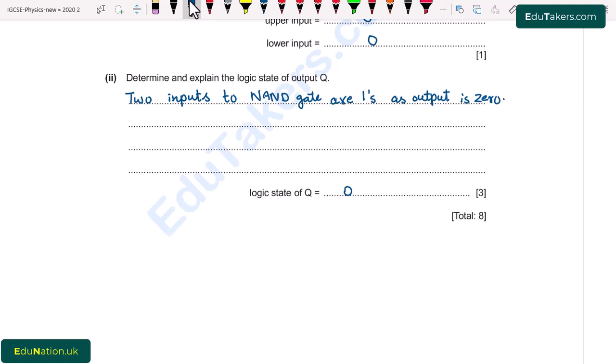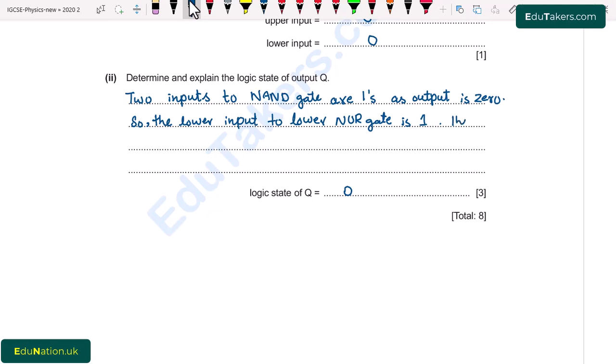So the lower input to lower NOR gate is 1.